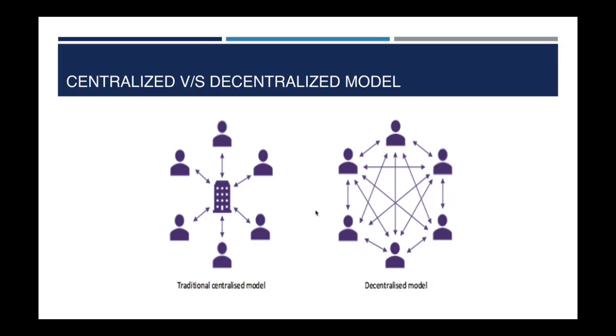So in the decentralized model, you don't invest your trust only on one single authority or one single organization. Instead of that, you build your trust on the network. So this is where blockchain comes in. With blockchain, we move away from trusting only one central authority. Instead, we trust the system.